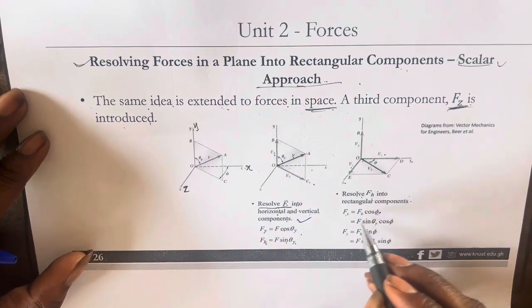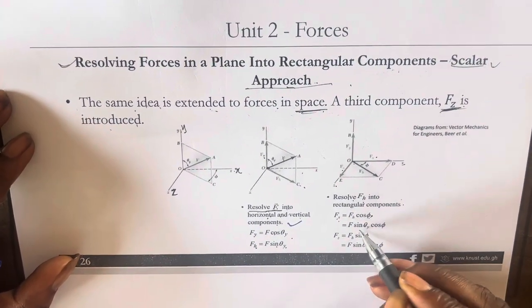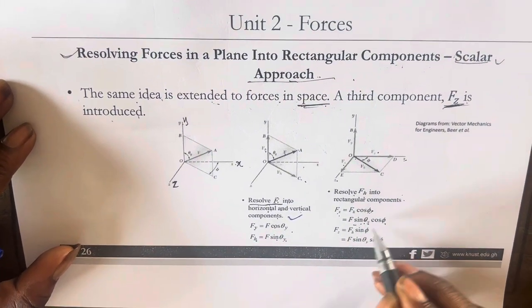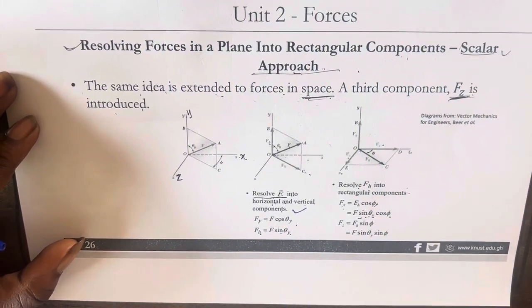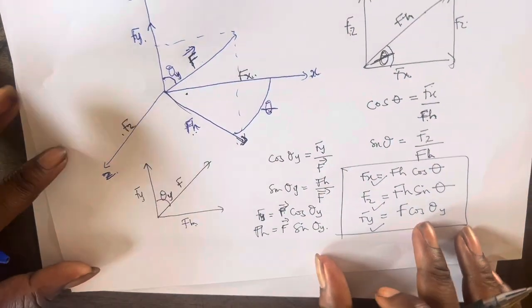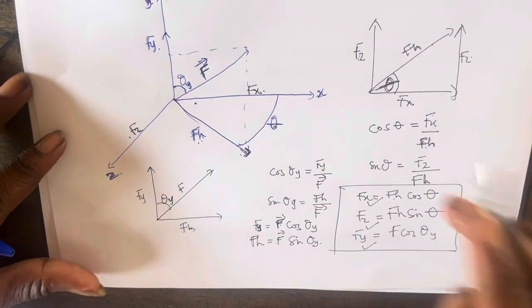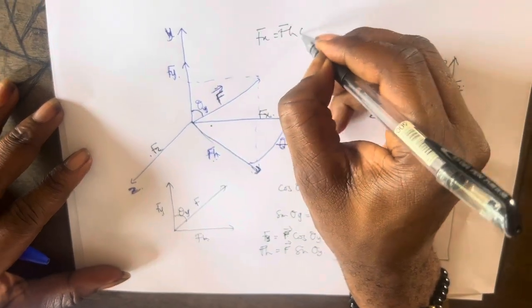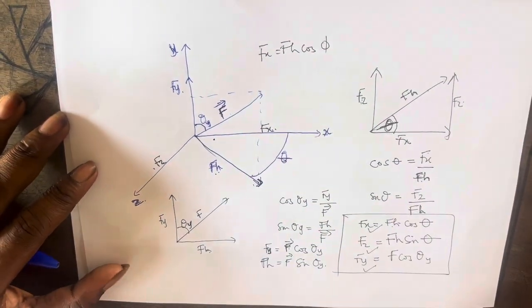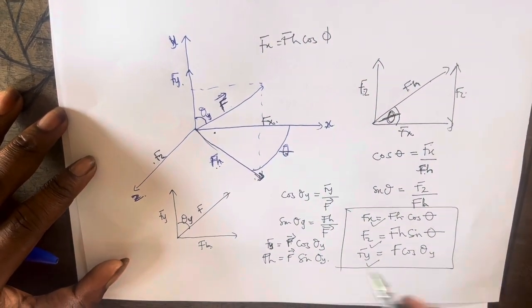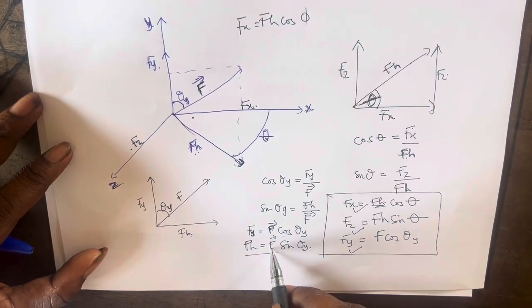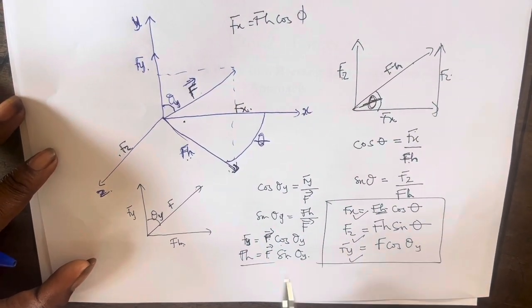And so over here, we want to take the Fx, introducing sine of theta y and the cos of phi into that. So what do we get over here? Fx has been established to be Fh cos of phi. What is Fh here? Fh here is F sine theta y.